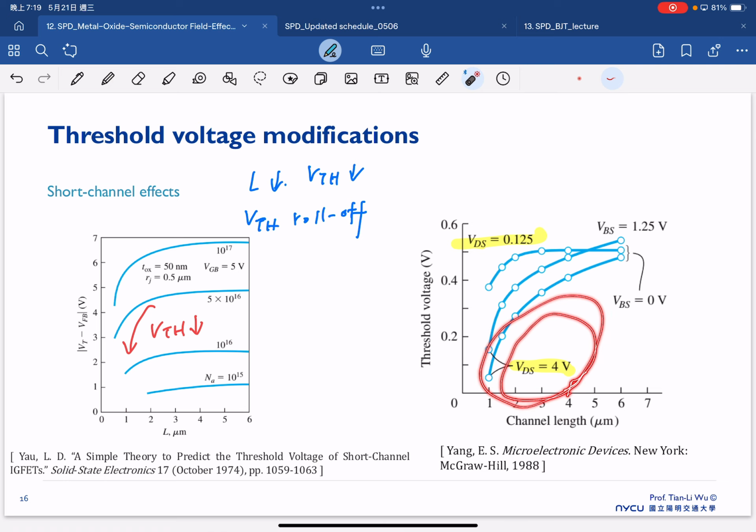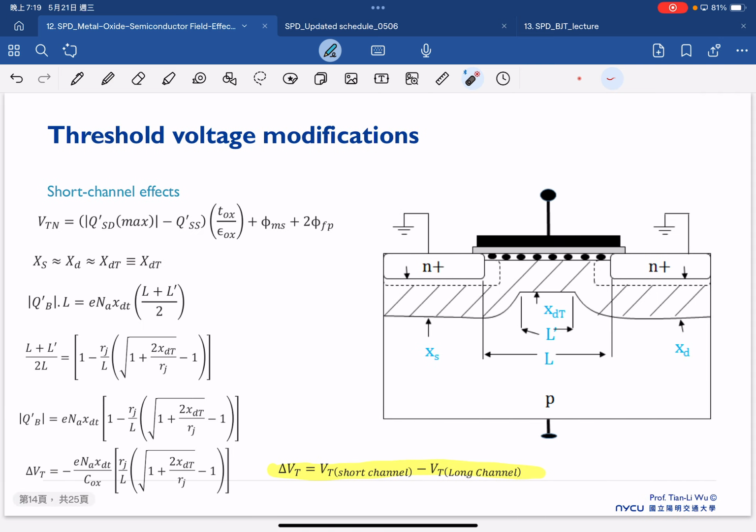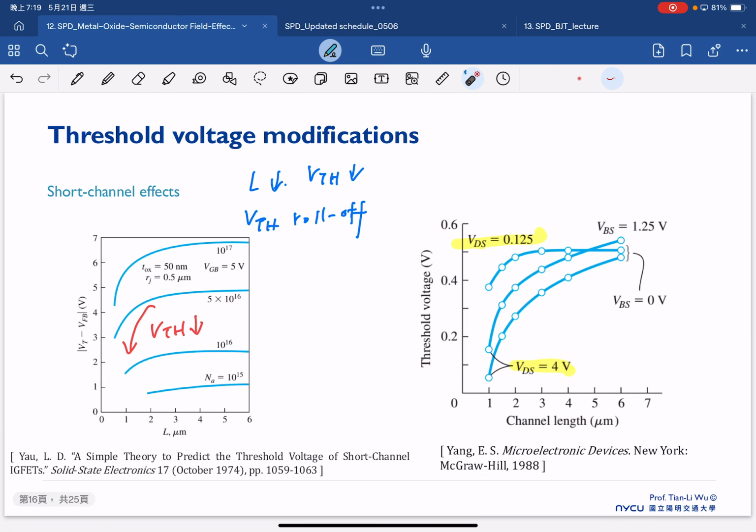Once we apply large VDS, you can see the depletion region here is getting larger. So the depletion region here is getting larger for sure. The inversion layer under the channel cannot be controlled anymore. So everything is very consistent with the proposed model here. So this is one effect that we call the short channel effect.